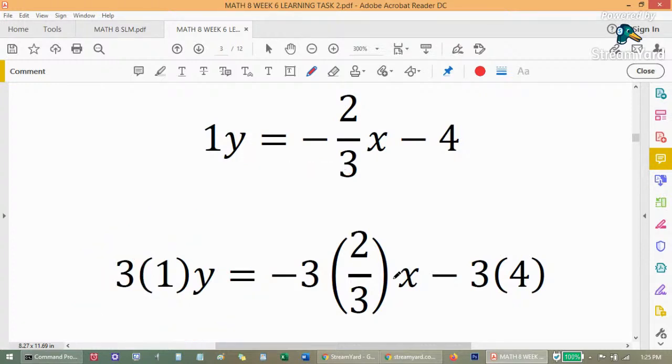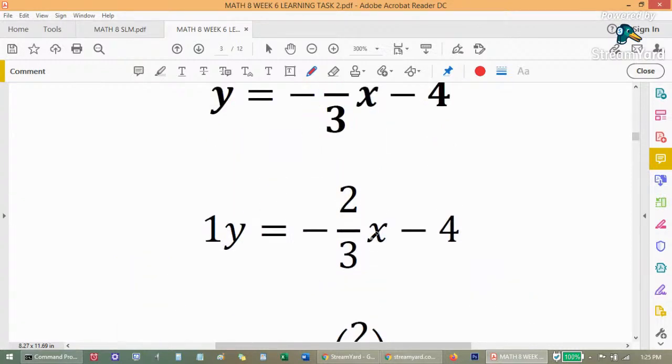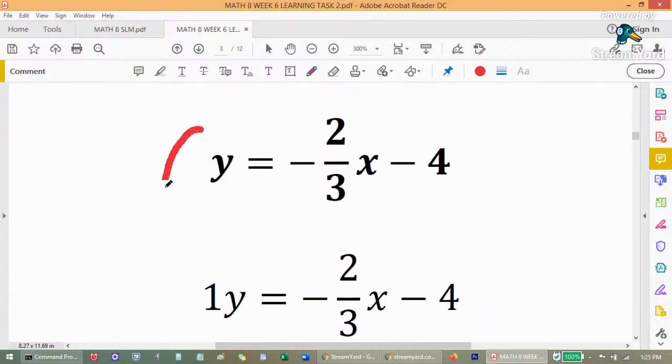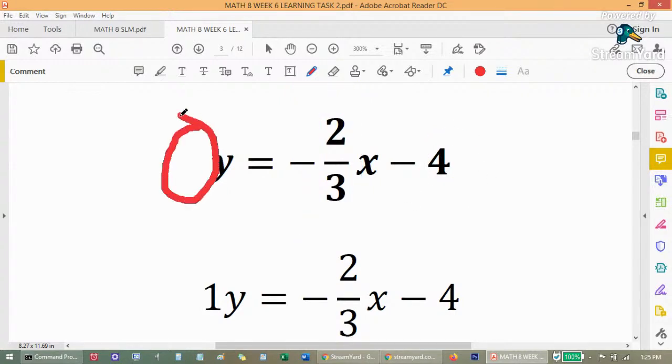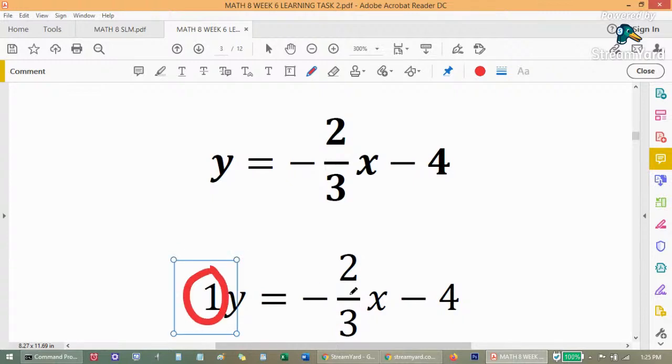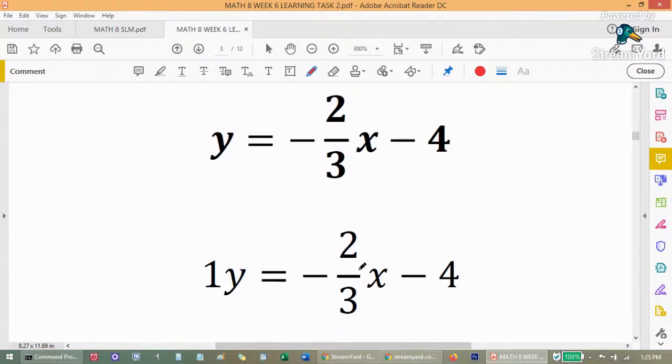Okay? I-multiply lang natin yung 3 sa mga coefficient. Okay, ano ba yung mga coefficient? Yung number sa left ng y, yung number na to, at itong number na to. Since walang number dito, naglagay lang tayo ng 1 para lang malinaw sa inyo, no? Para lang malinaw sa inyo dahil mga baguhan pa kayo sa algebra. So, naglagay tayo ng 1 dito.